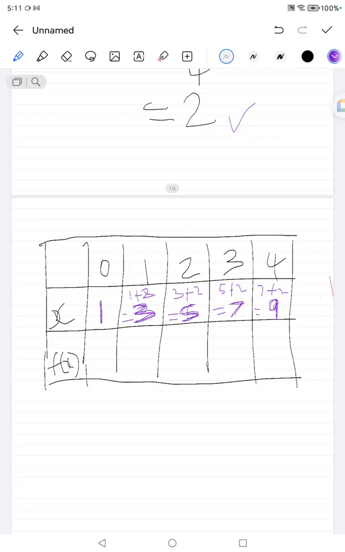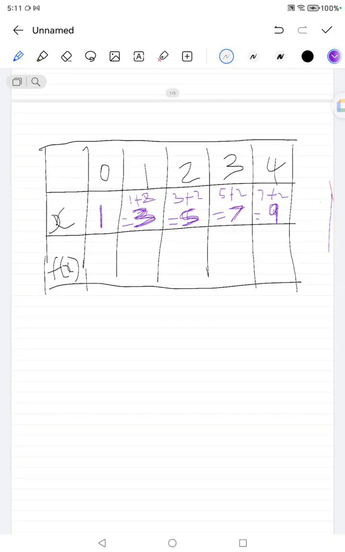See? So these are the x values that you're going to be having. I don't want you to be confused by the ones on the top. Now remember, in order to find your y values, you must substitute your x values into the equation. You were given the integral of 1 over x dx.